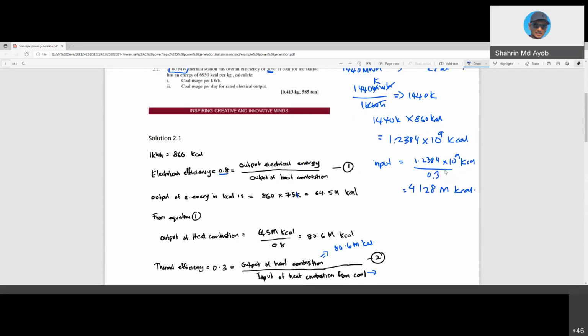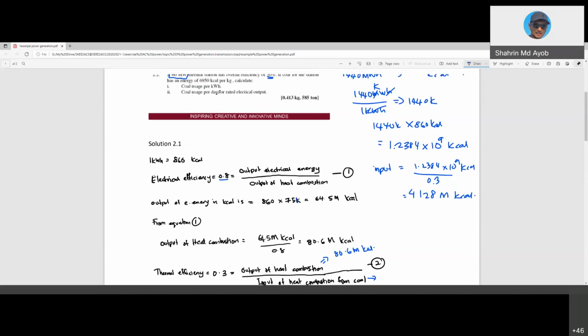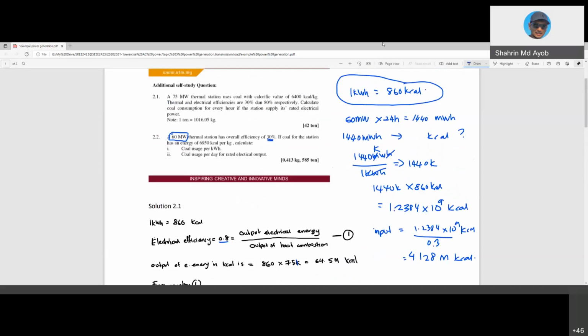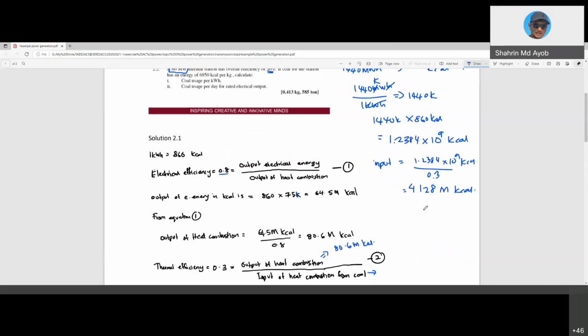So this is the input, the heat from the burning of the coal. So from that, you divide this one. Okay, so the amount of coal: 4128 mega calories divided by 6950 calories per kilogram.